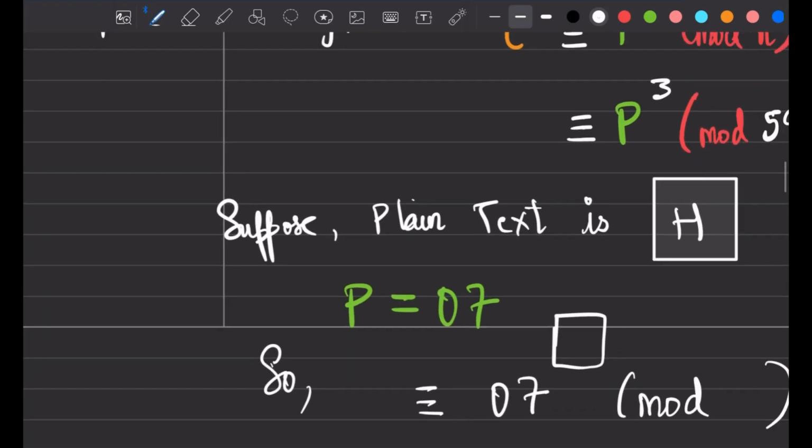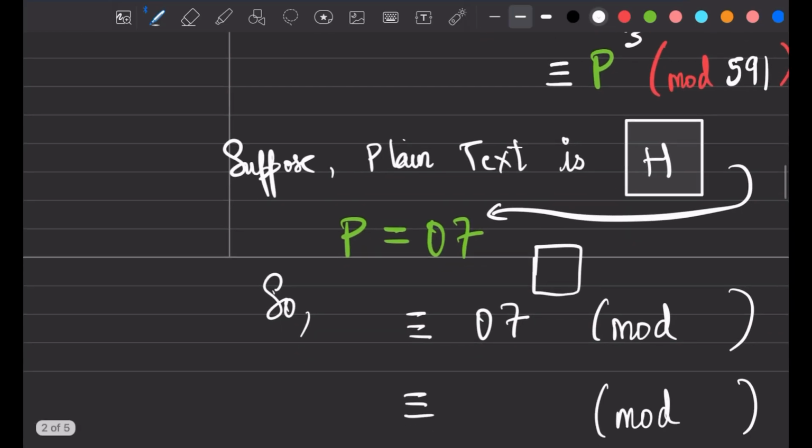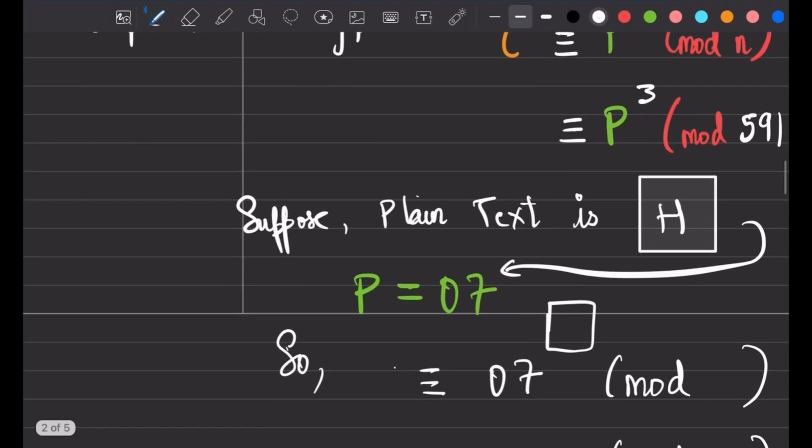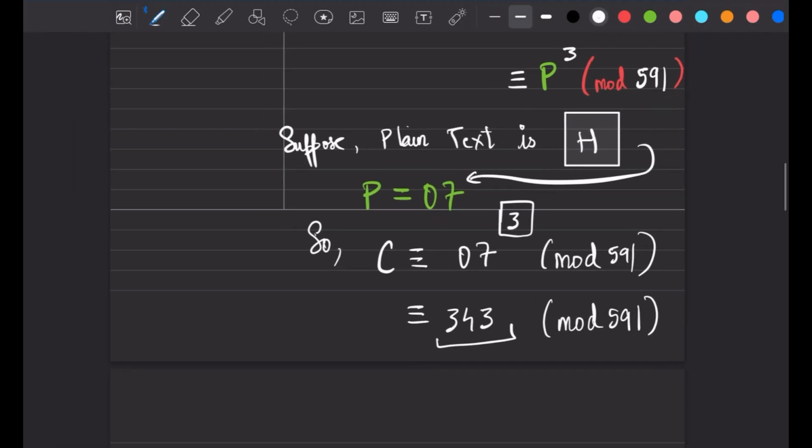So let us say, for example, if I want to encipher or encrypt the message H, whose numeric equivalent is 7, I will go for the formula C congruent to 7 raised to 3. Now 7 raised to 3 is 343, and this is all being done modulo 591. So this is the ciphertext equivalent of the plain text that we have, that is H.